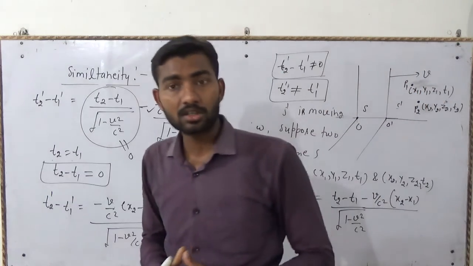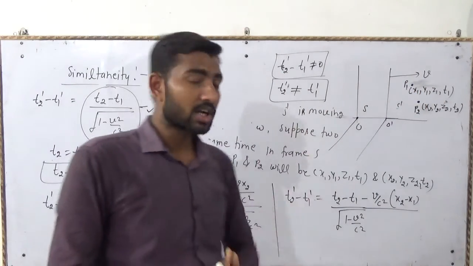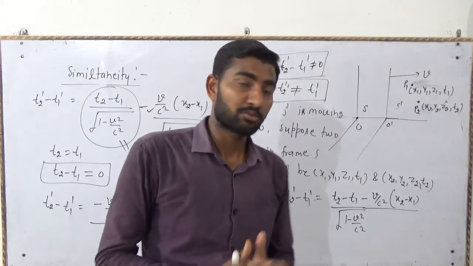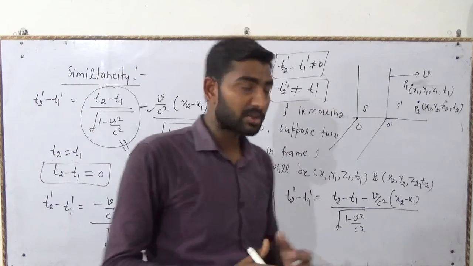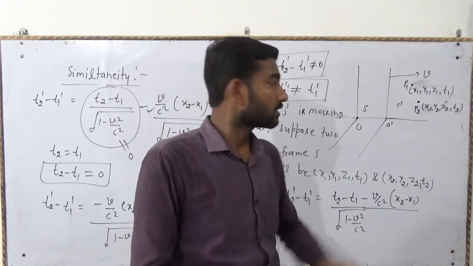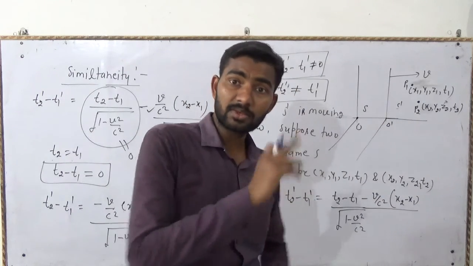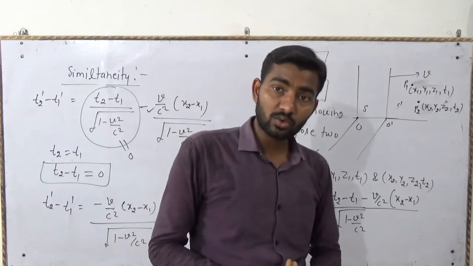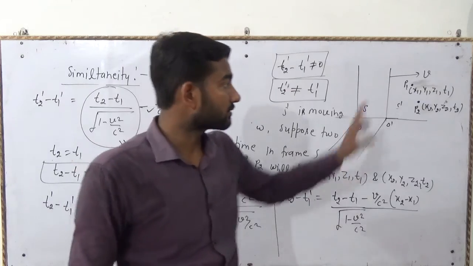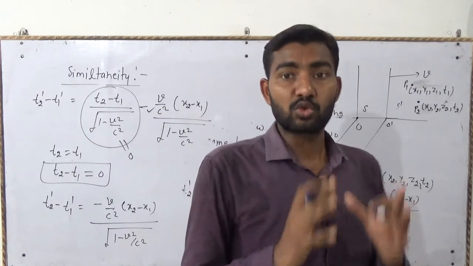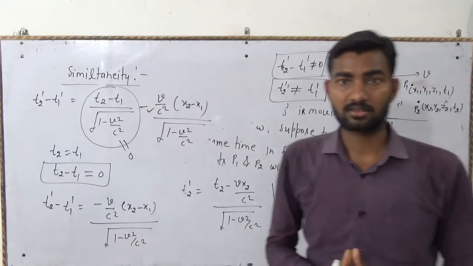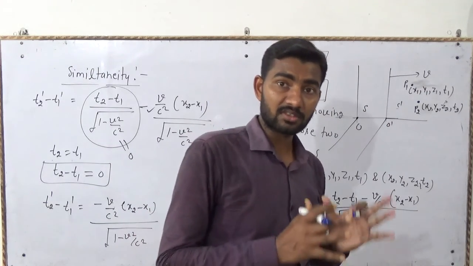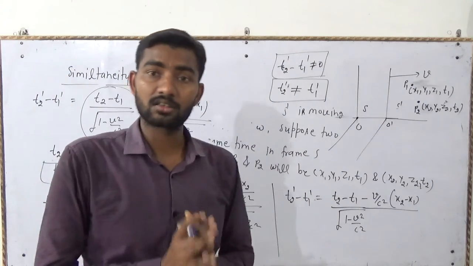While we assumed the two events P1 and P2 are simultaneous in frame S, we conclude that the same events, which were simultaneous in frame S corresponding to origin O, are not simultaneous in frame S dash, which is moving with uniform velocity v along the positive x-axis. In this frame S dash, the two events are not simultaneous.